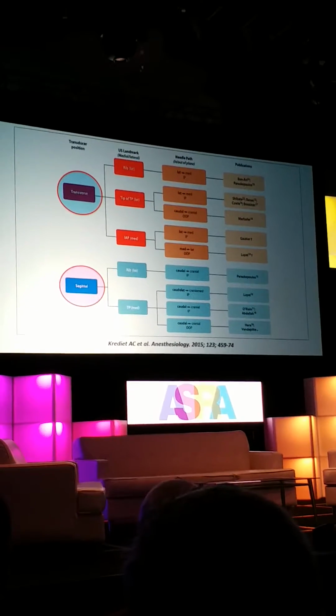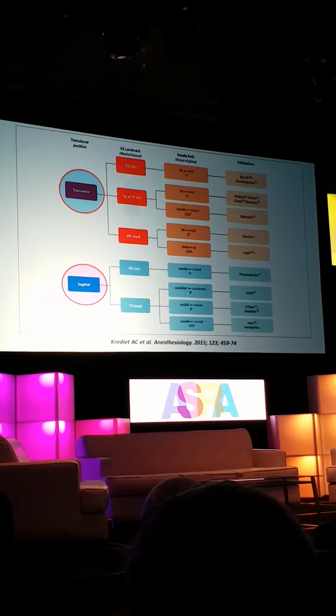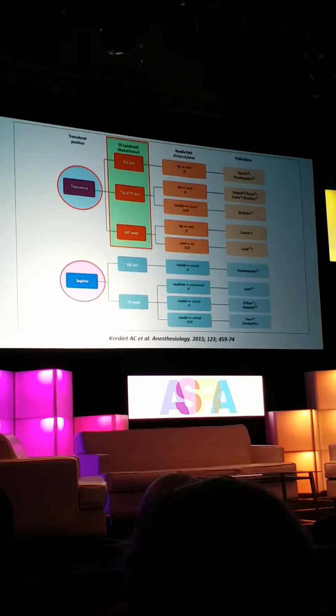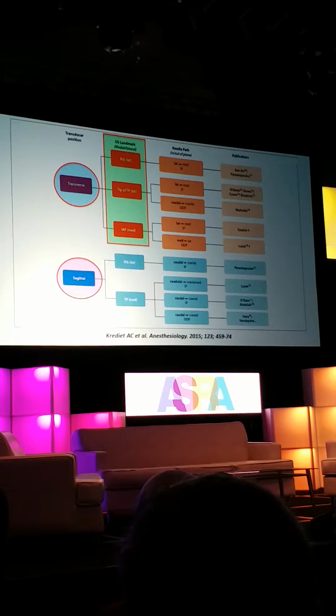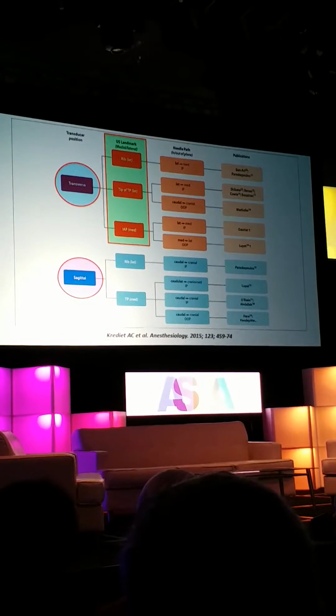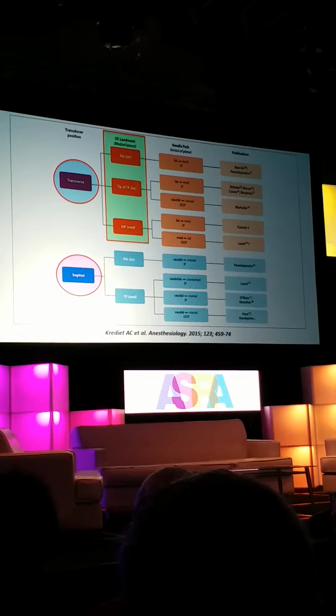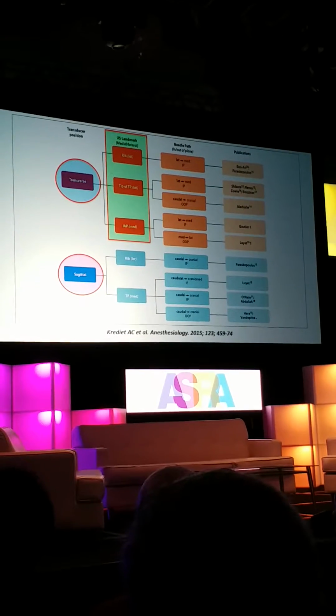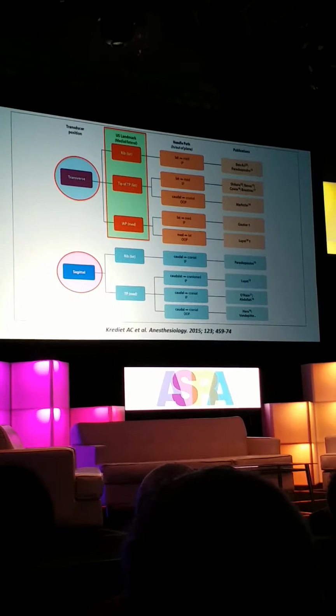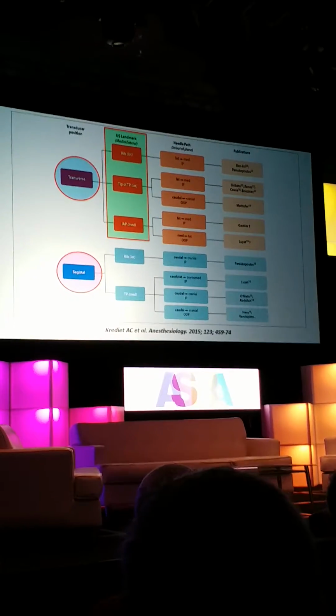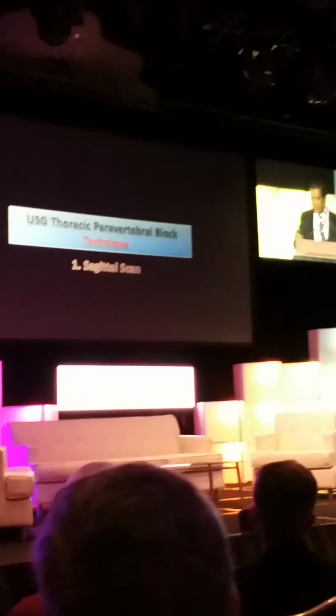You use three important landmarks, which are primarily the rib, the tip of the transverse process, or the inferior articular process. And needles have been introduced out of plane, in plane, from medial to lateral, and lateral to medial direction. So much so that it leaves you as a reader confused as to what you should do in your clinical practice. Hopefully I will try to illustrate what may be preferable.